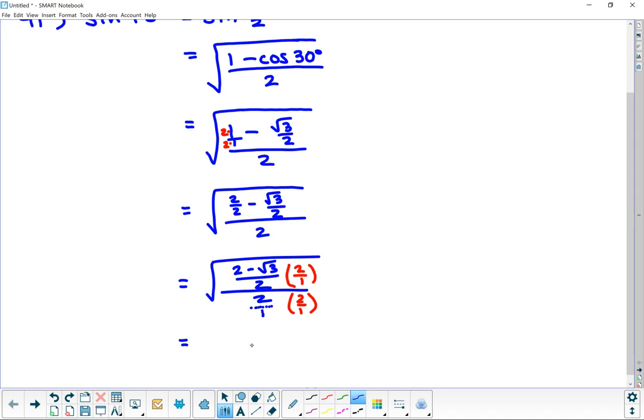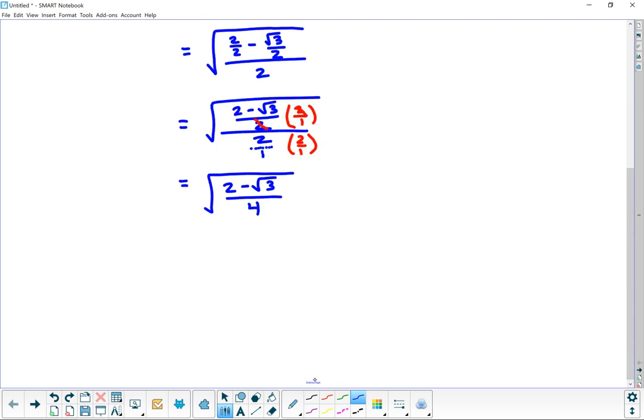Right? So when you work that out, you will end up with these two canceling. And on top of that fraction, you will get a square root of 2 minus radical 3. And the bottom is 2 times 2, which is 4 over 1, which is still 4. Right? And then to wrap it up, you're going to go ahead and do the square root.